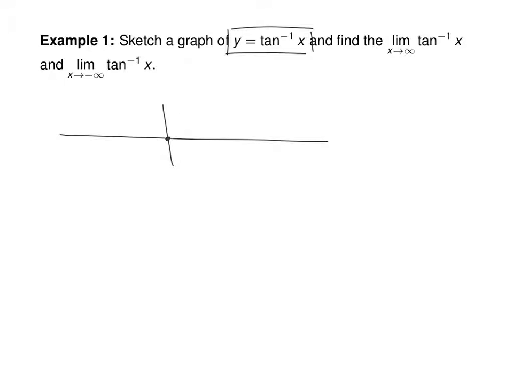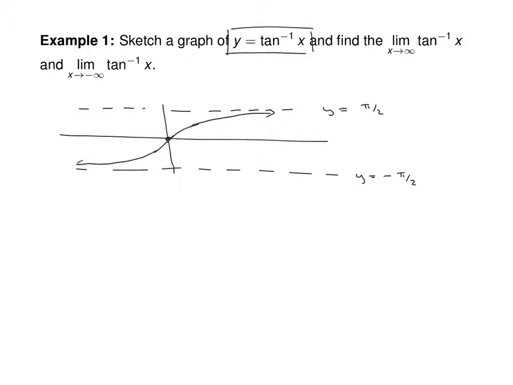The limit as x approaches negative infinity is equal to negative pi over 2, and the limit as x approaches infinity equals pi over 2. What we're saying here is that there are horizontal asymptotes at positive pi over 2 and negative pi over 2, right? And it does the snaky thing that I just drew a picture of on the last slide.